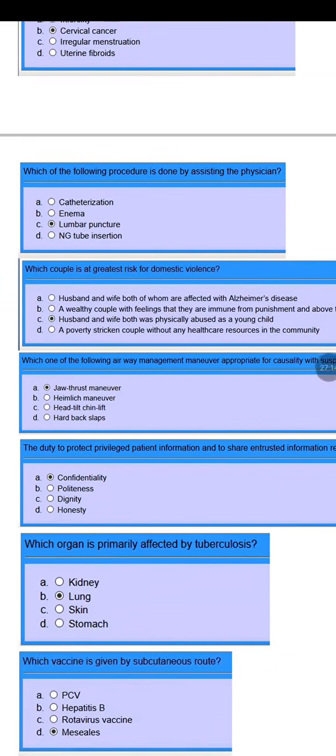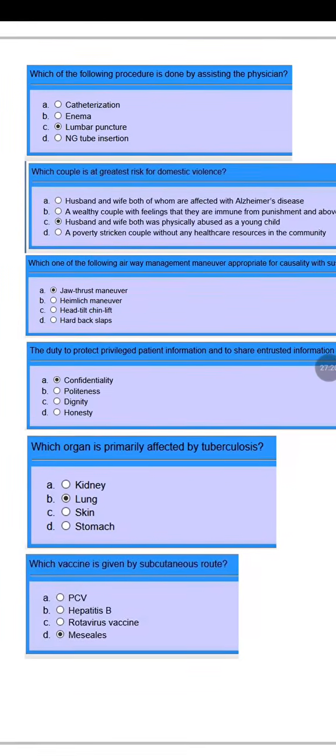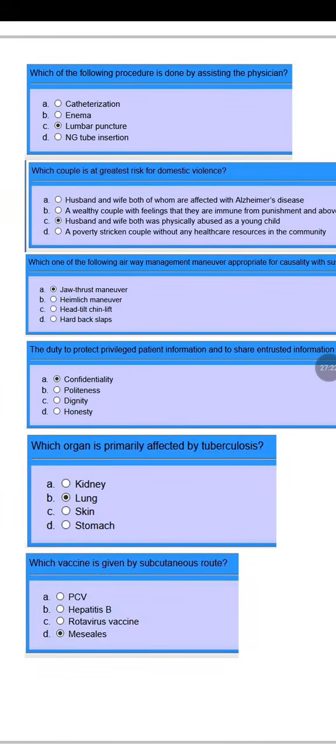Which of the following assists the physician in lumbar puncture? Which of the following is risky to demonstrate? Priority with the health care resource of the community.